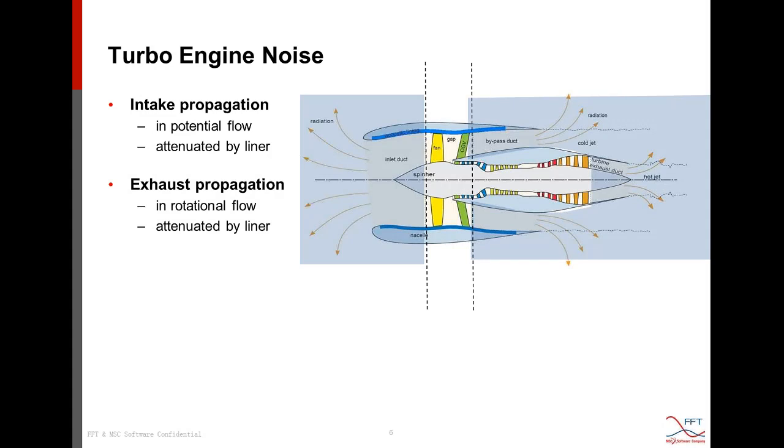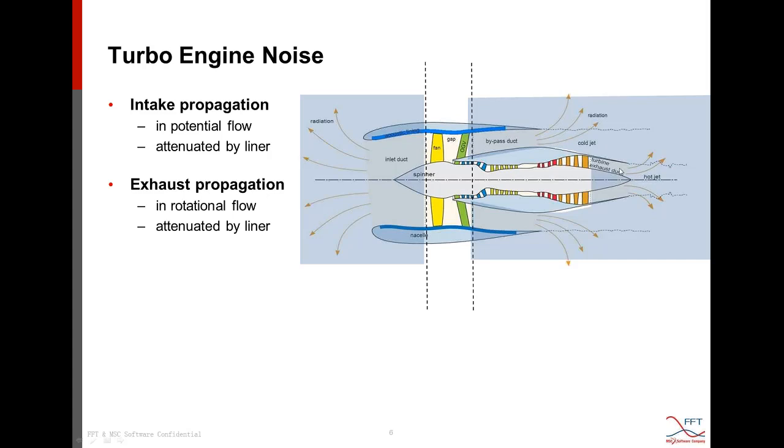And the propagation in the exhaust is a little different from the propagation in the intake in nature, in the sense that the acoustics is propagating in a rotational flow. So we will have some shear layers here at the exhaust. For example, between the bypass and the exterior air, there will be mainly a velocity shear layer.